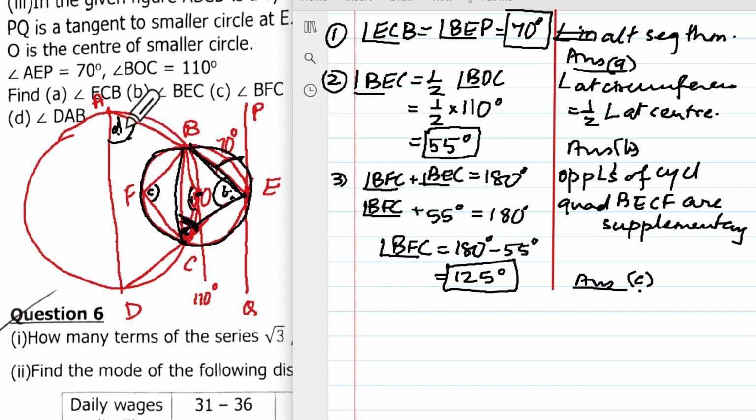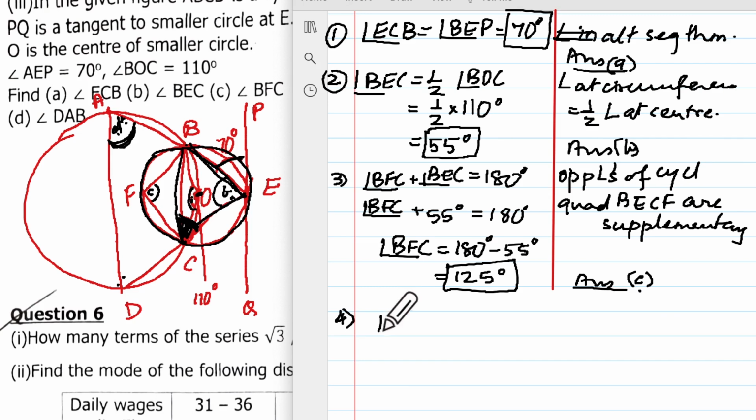The exterior angle which will equal this interior angle is this, no? Yes, ma'am. See, for this exterior angle, these two are the closer ones and this one is the farthest one. So this exterior angle is equal to this angle, understanding?